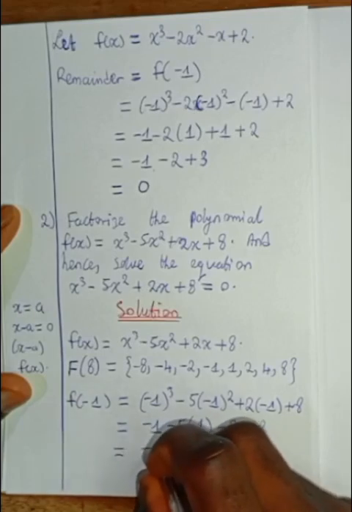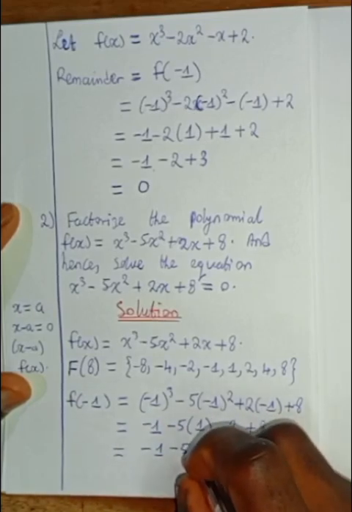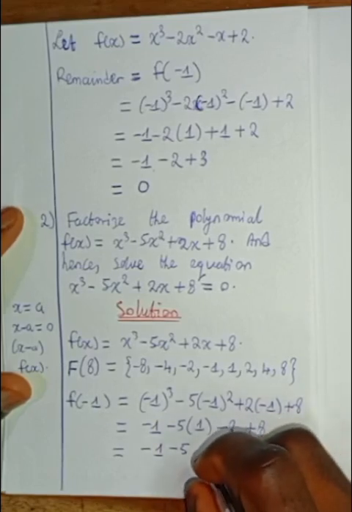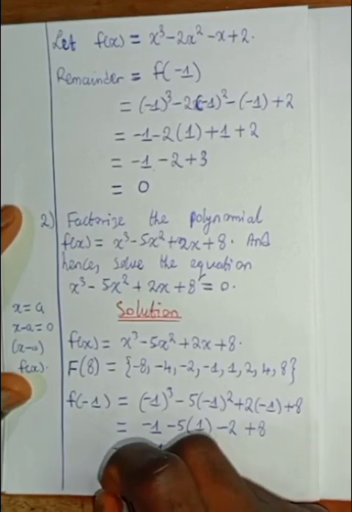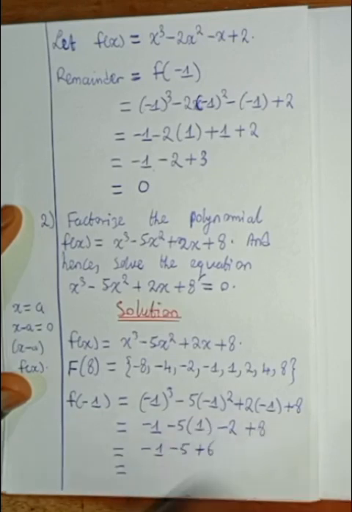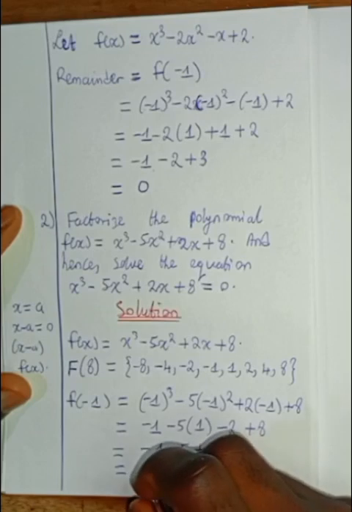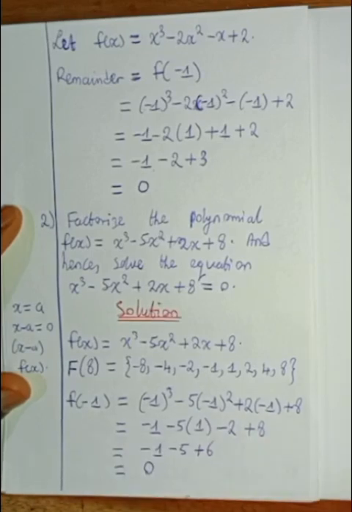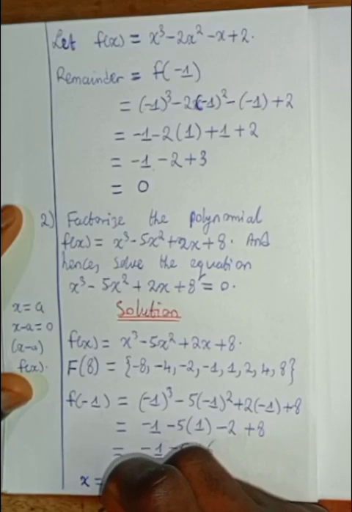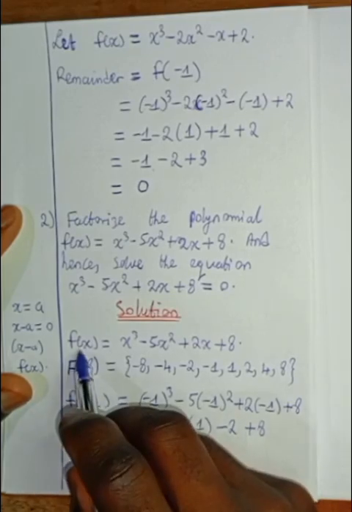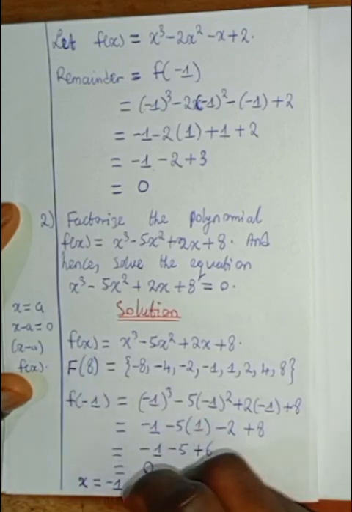This will give us -1, -5 times 1 is minus 5, -2 plus 8 gives us plus 6. This will be equal to -1 minus 5 gives us -6 plus 6 gives 0. So x equal to -1 will give us our polynomial f of -1 to be 0.